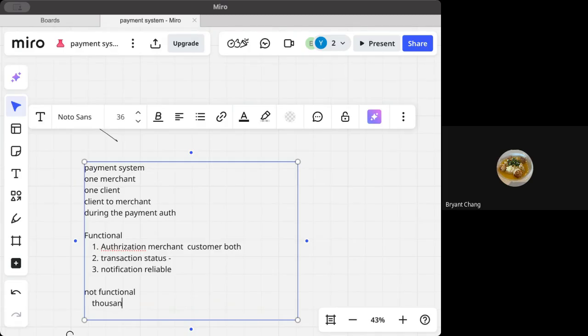I think the most important part is that we care about security, so there should be high security. Let's start with these two non-functional requirements, and after that we can go through the design and the architecture.